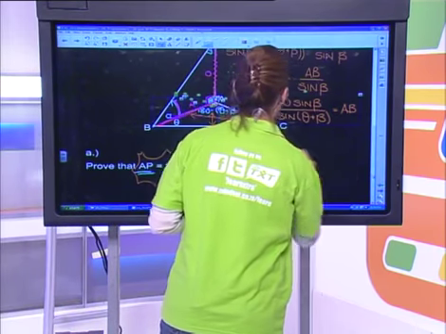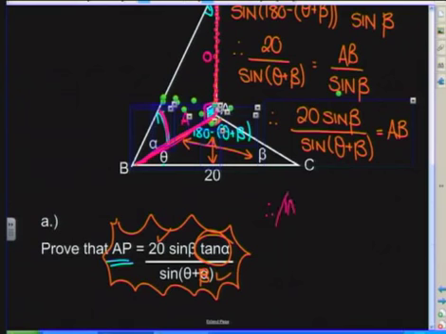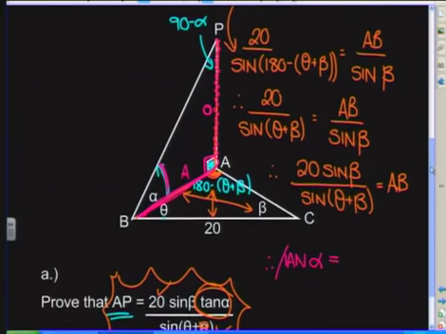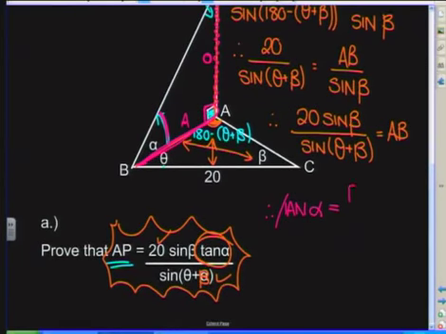So therefore we're going to say tan of angle alpha is equal to your length of PA over the length that we've just found, which is 20 sine beta over sine of theta plus beta.